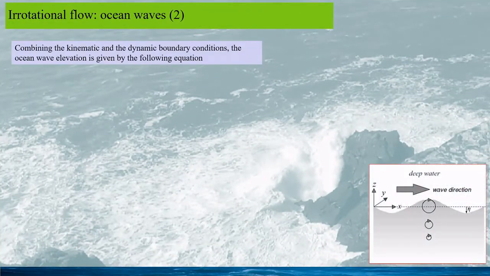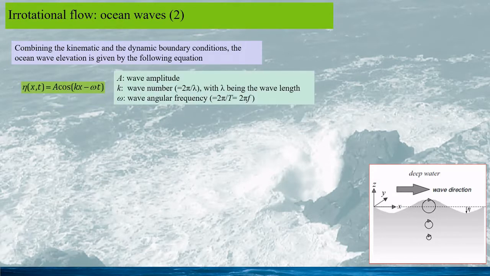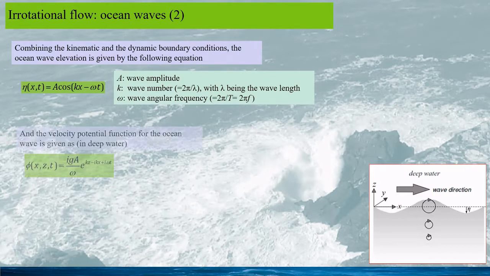Combining the kinematic and the dynamic boundary conditions, the ocean wave elevation eta can be given by this equation, where A is the wave amplitude, K is the wave number, and omega is the wave angular frequency.